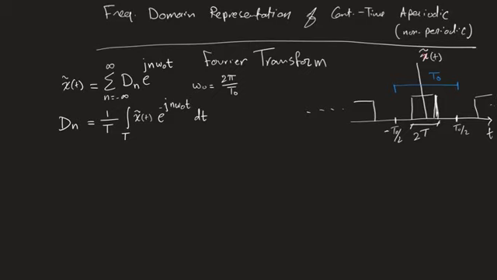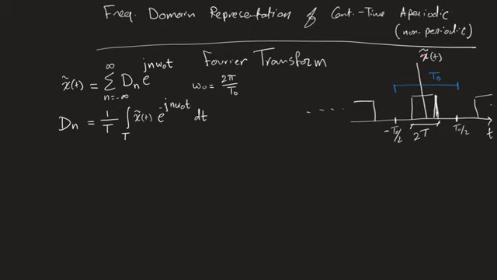So you can recover the original signal by simply adding cosines and sines together. That's the complex exponential, right? And those cosines and sines are multiplied by different amplitudes, the dn, okay? We said that this allows us to say that those dn's are sufficient representations of the signal in the frequency domain, right?